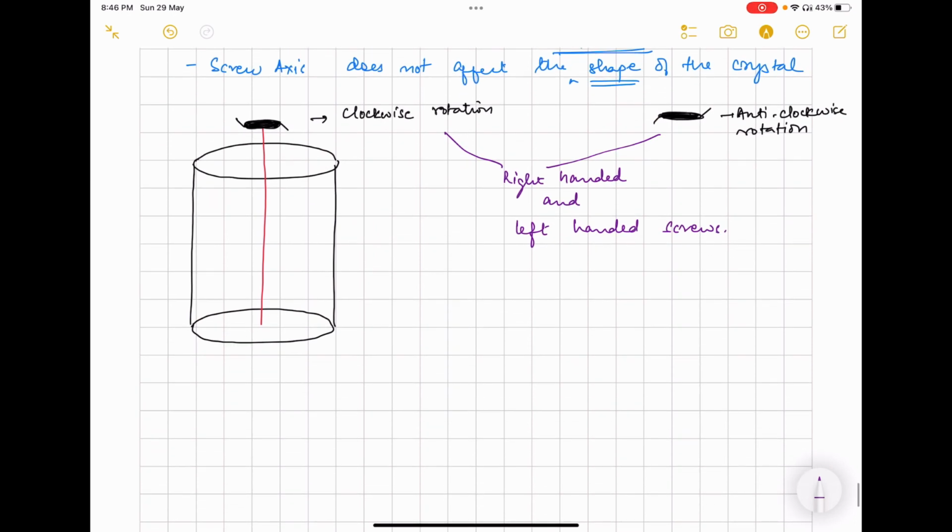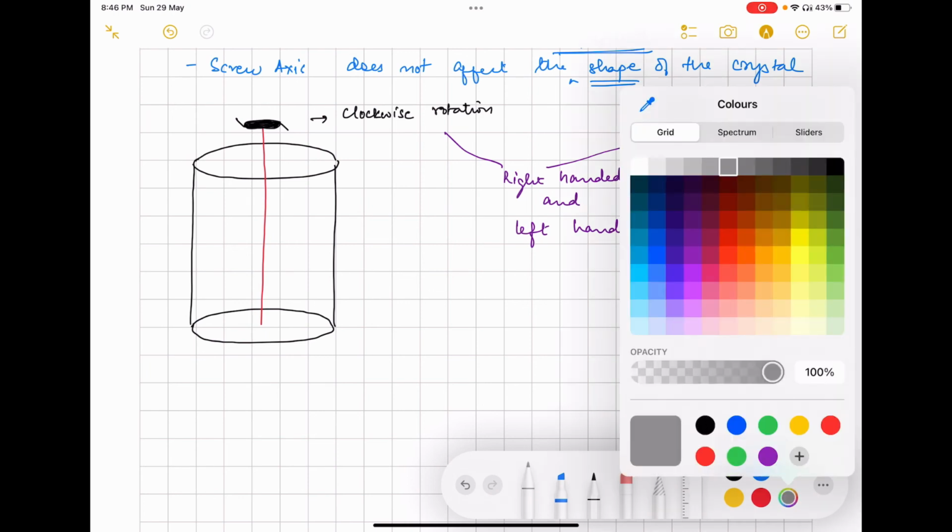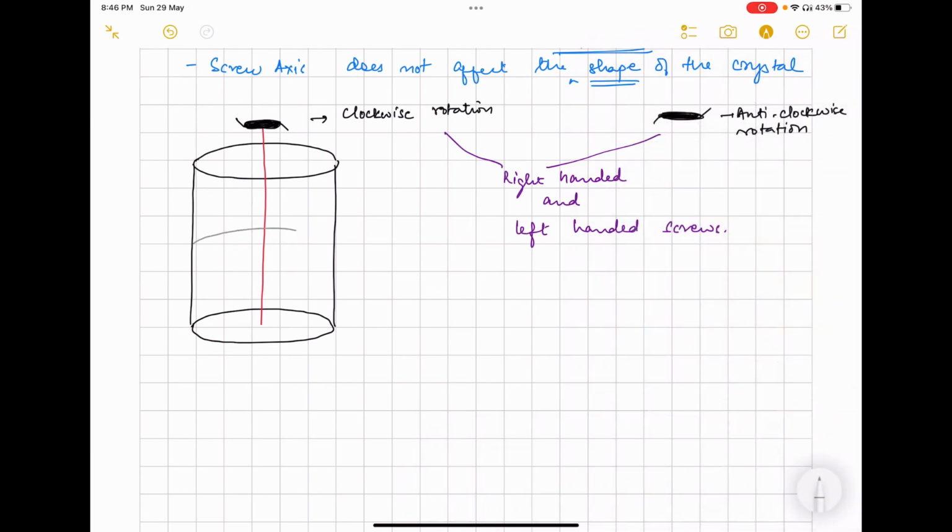So let us divide this into two parts. From here if I divide this, this is half the repeat distance and this is another half.